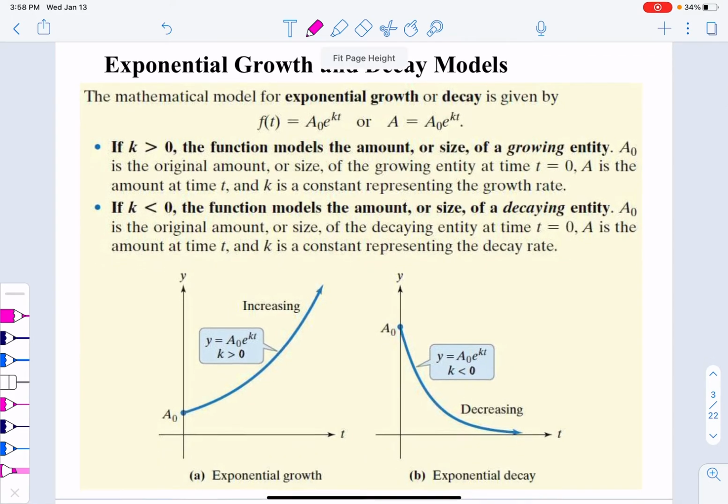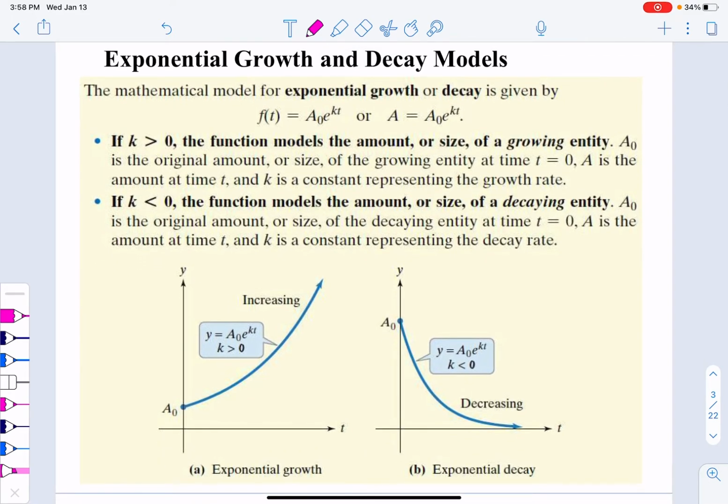The mathematical model for exponential growth or decay is given by f of t is equal to a sub 0 e to the kt, or A is equal to a sub 0 e to the kt. It tells us that if k is greater than 0, the function models the amount or size of a growing entity. So if k is greater than 0, it's going to grow.